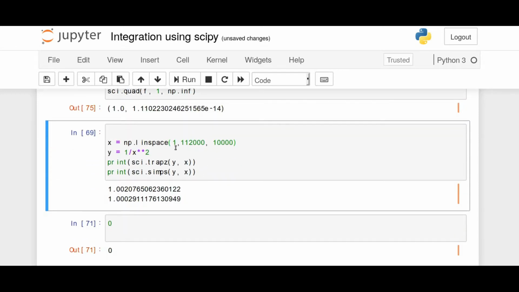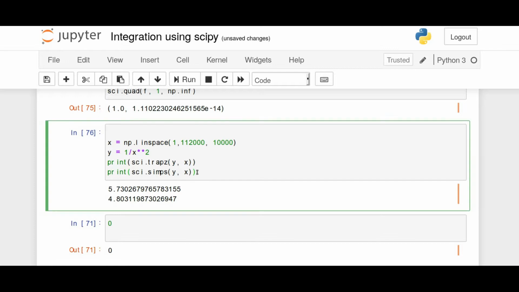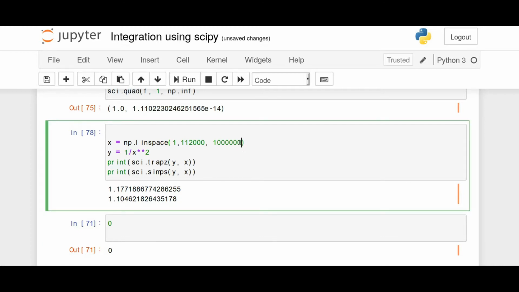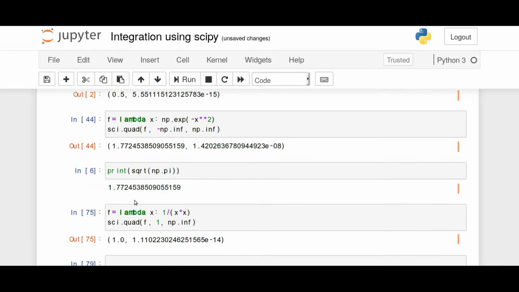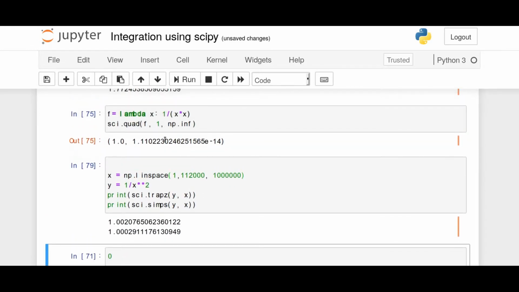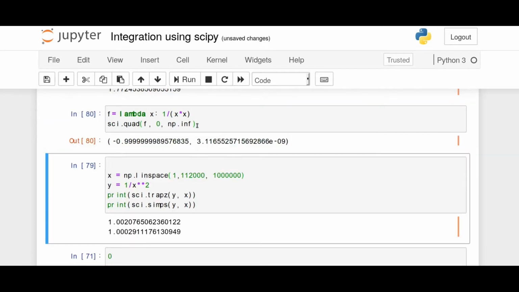If we want to integrate using trapezoidal and Simpson, with a large value divided into these points, this result is, I think, the wrong result. If we increase the number of points, then it becomes 1. You play around with these things. But here, if we make it 0, what happens? This is basically minus 0.99999 something.